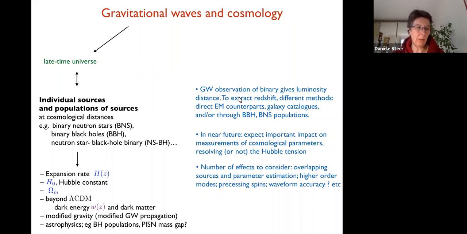And some more tentative, but hopefully interesting methods, which can be applied also to binary black holes, which most likely won't have electromagnetic counterparts, is to try and learn something about the redshift through the properties of the populations of those objects. So I tried to motivate the fact that in the future, with the Einstein telescope in particular, doing cosmology will really go hand in hand with doing astrophysics.